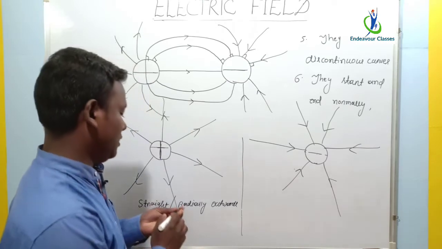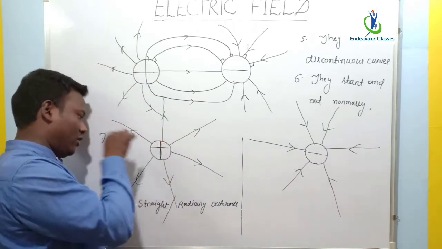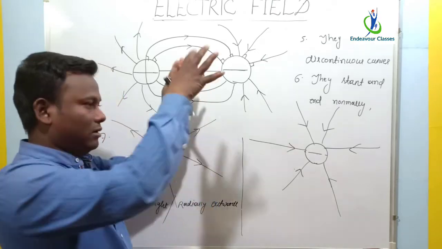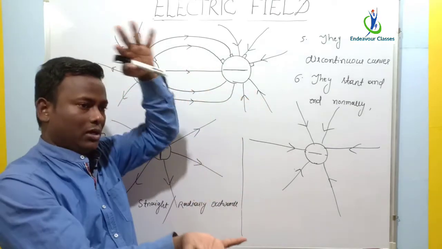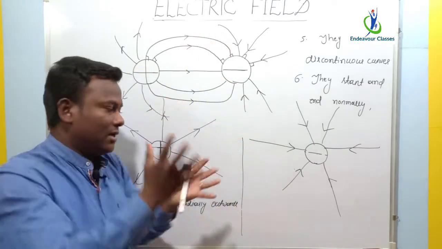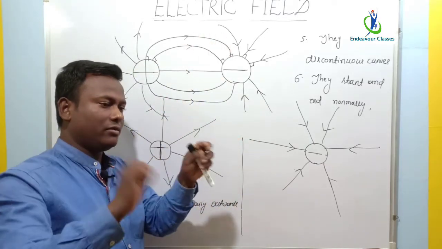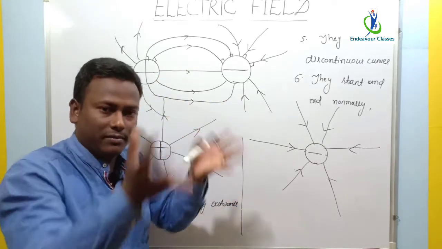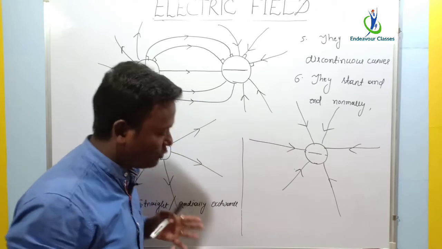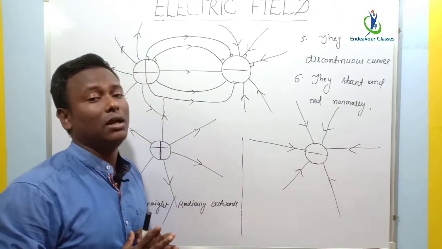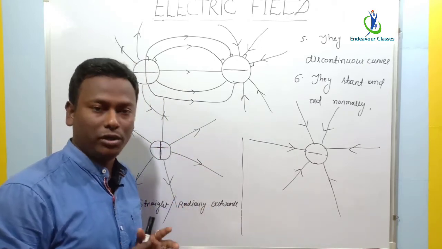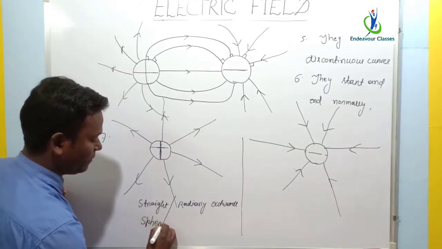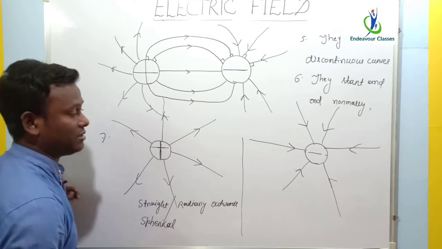If you see all the lines of force emerging out from this positive charge, in a region of space around this positive charge, and you join them, you can see them as a sphere. It will look like a sphere to you. So the symmetry will be spherical. So for an isolated charged body, the lines of force have spherical symmetry.